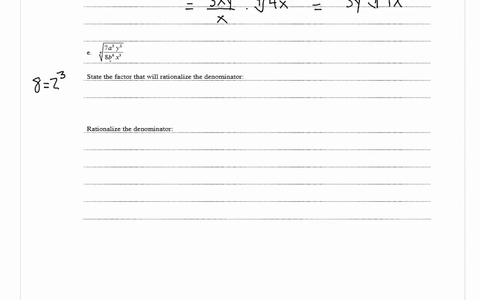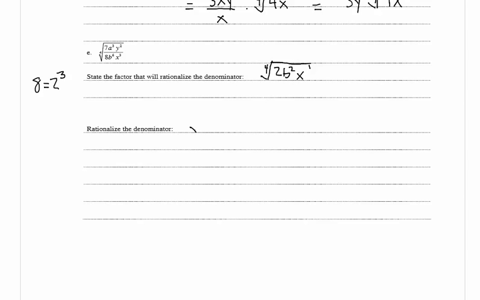And we have 6 factors of b, so we're going to need 2 more to get us to a perfect fourth root. And we need one more factor of x to get us to 4. So we're going to multiply by the fourth root of 2b squared x.